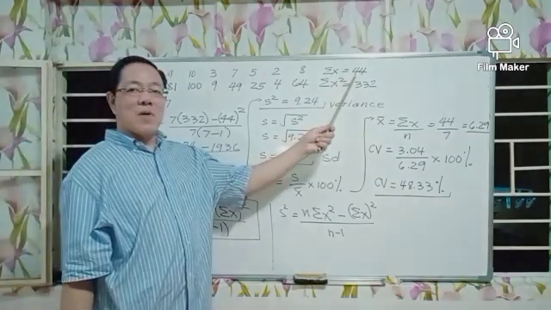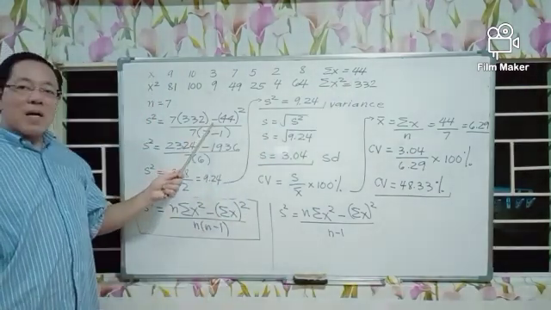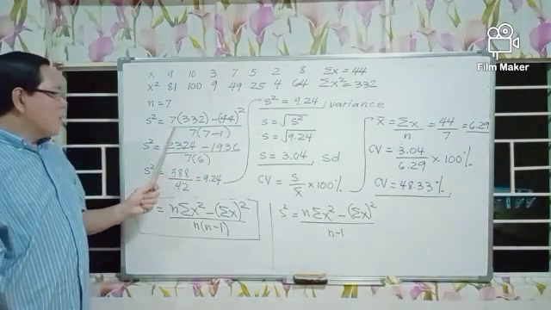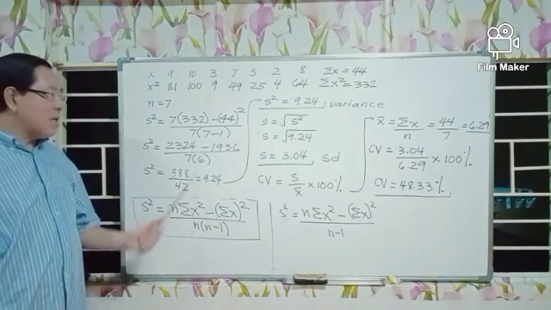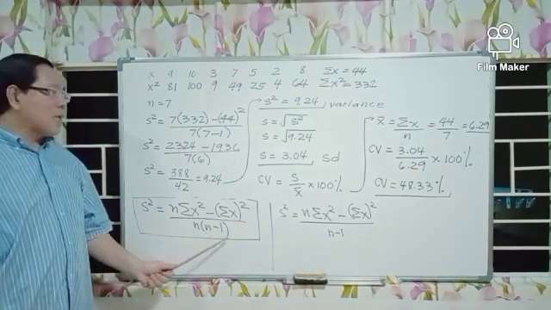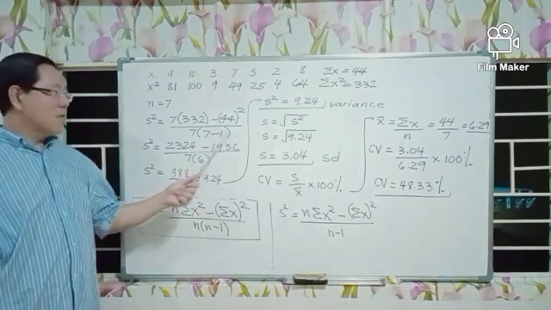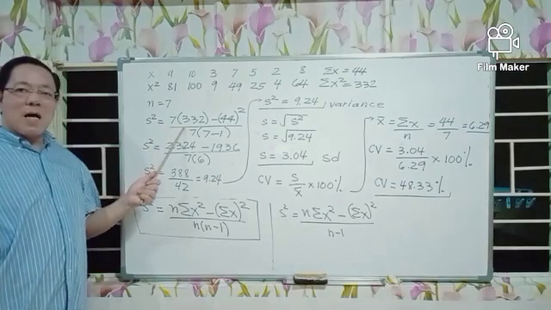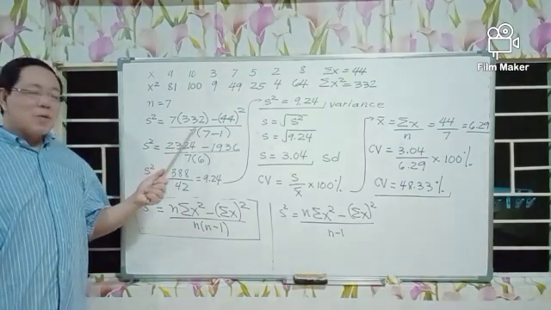Summation of x is 44. Hence we have minus the square of 44, all over n, which is 7, multiplied by quantity n minus 1, which is 7 minus 1.